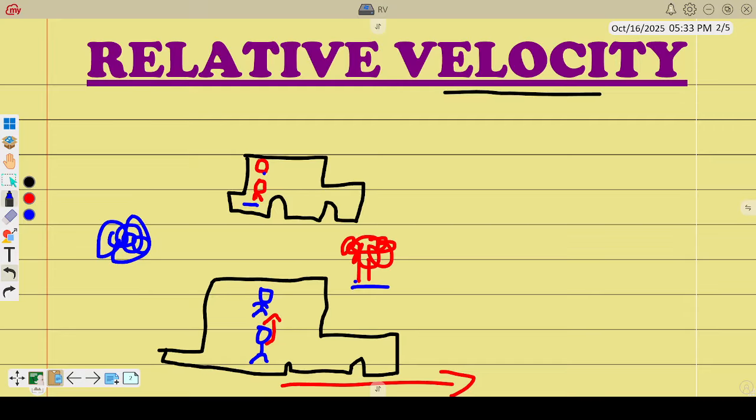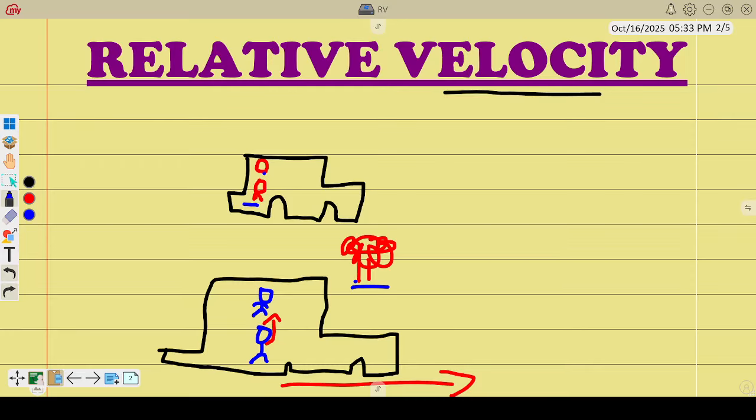In that case, would we say that the tree is going backwards? No, the tree is not going backwards. It is the car which is moving forward. But the tree is looking like it is going behind.